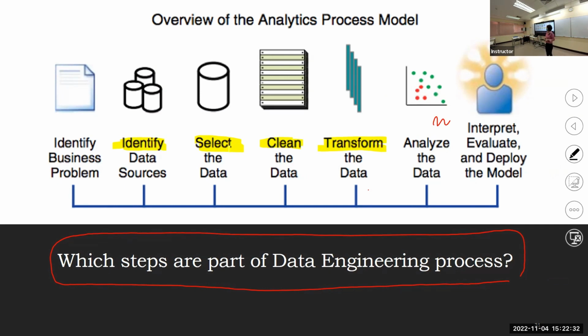In class, any answer? There are 7 steps, right? 1, 2, 3, 4, 5, 6, 7. So from 1 to 7, which steps are part of the data engineering process? What do you think? Again, no eye contact, right? Because otherwise I would ask you to answer.